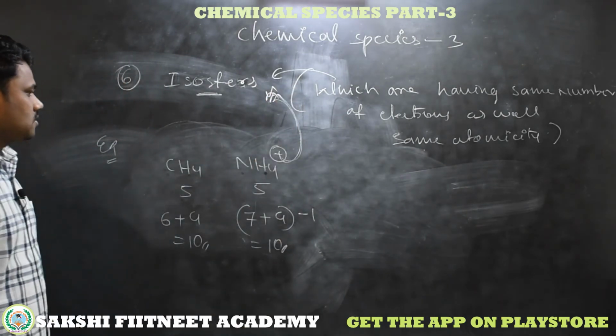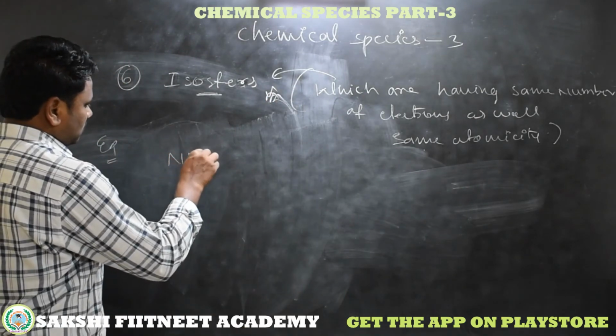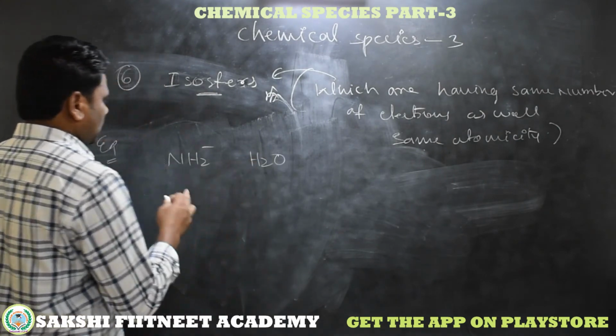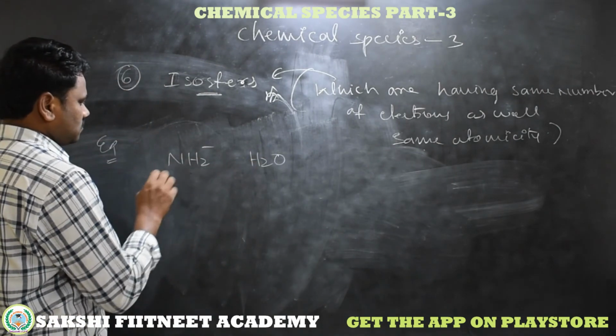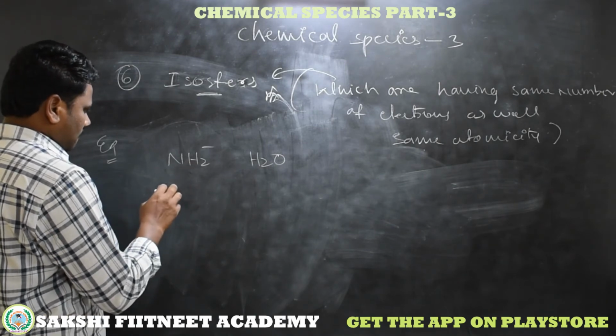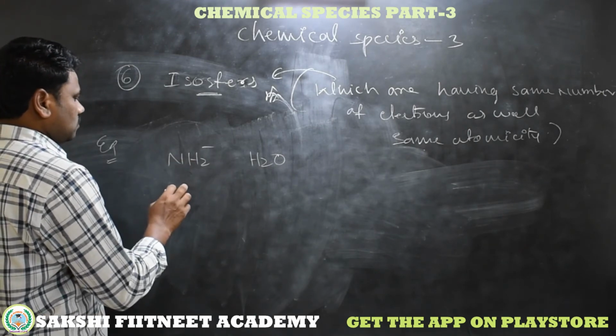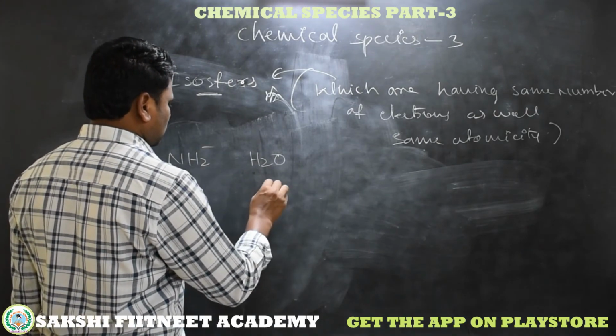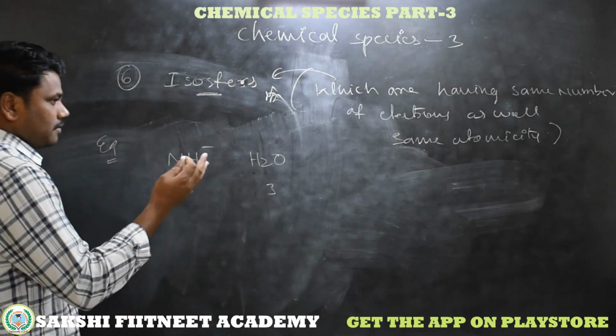So shall we discuss another example, that is NH2 minus and H2O. Now see here, total number of atoms in this ion: 1 nitrogen, 2 hydrogens, total 3. And 2 hydrogens, 1 oxygen, total 3. So these have the same atomicity.